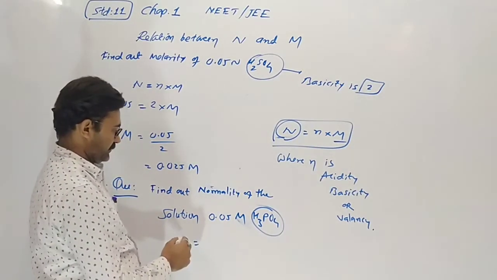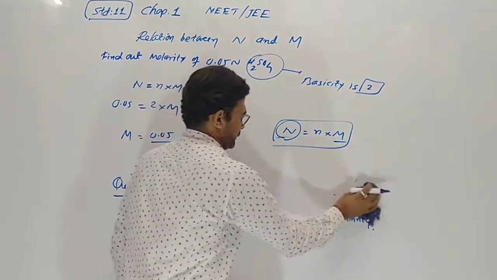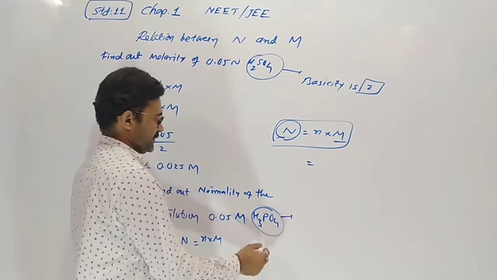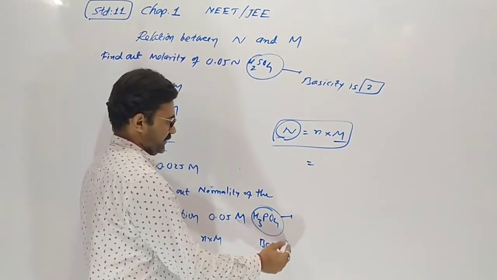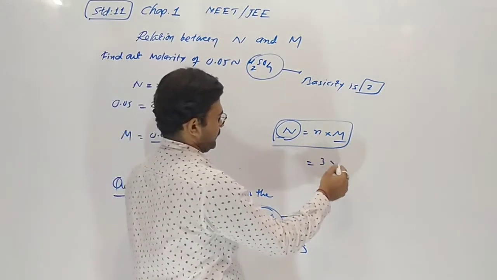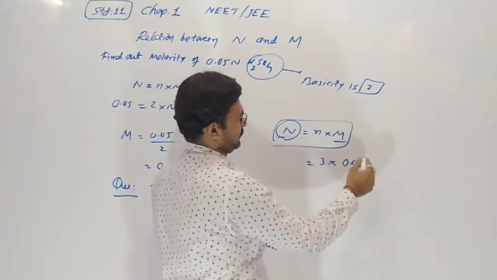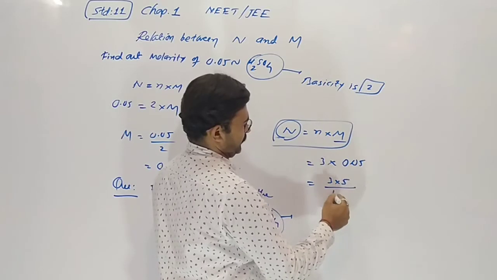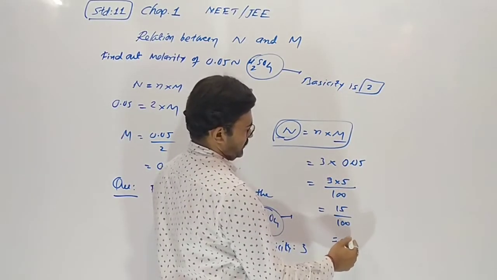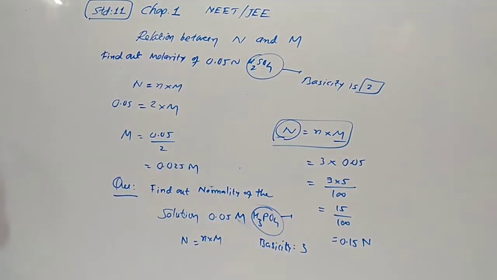So here normality equals n into M. H3PO4 is an acid and its basicity is 3. So 3 into 0.05, so 3 into 5 upon 100, 15 by 100, so 0.15 normal. Directly we can derive this.